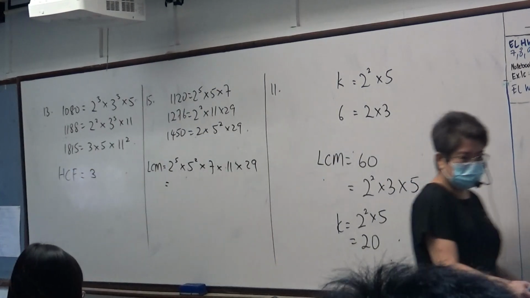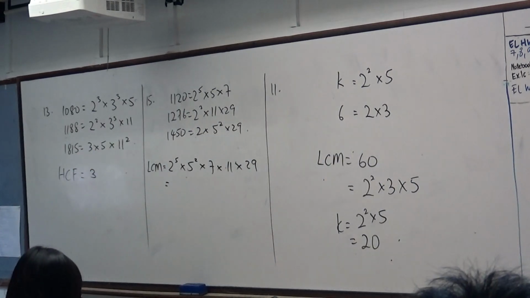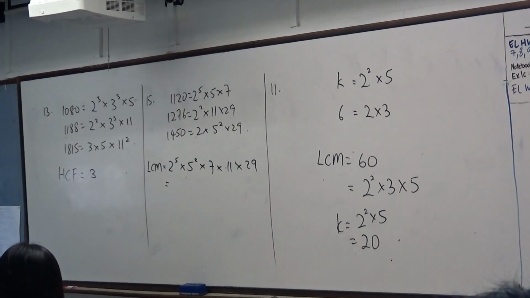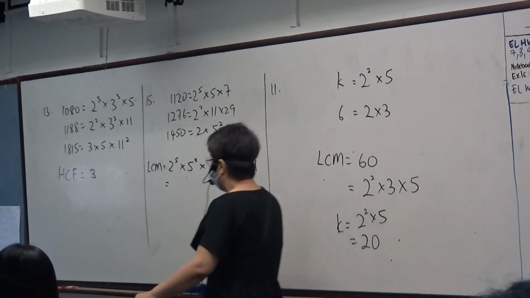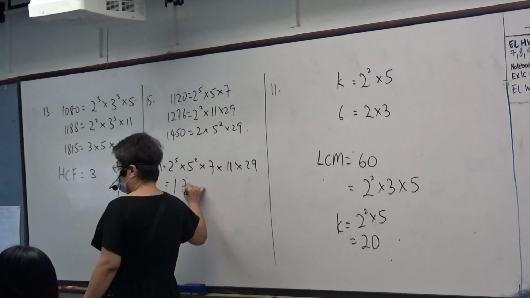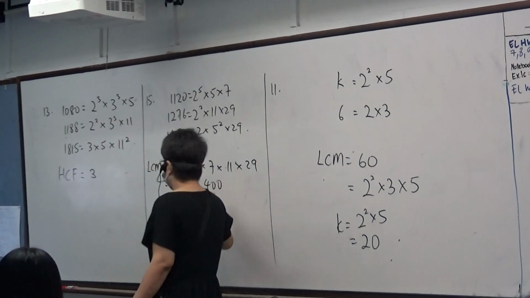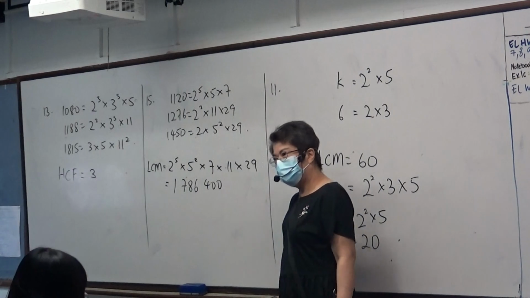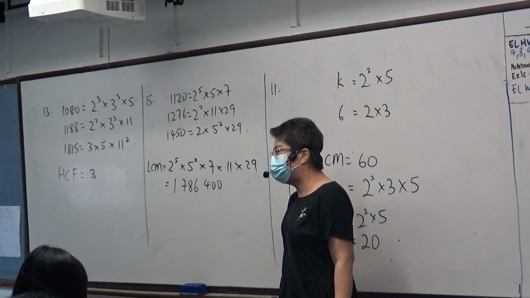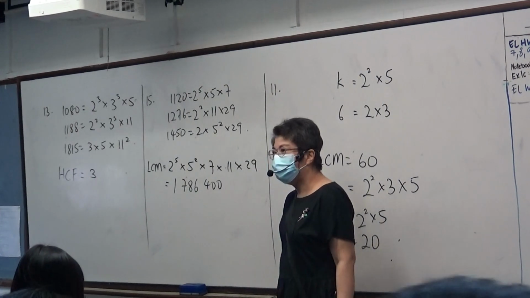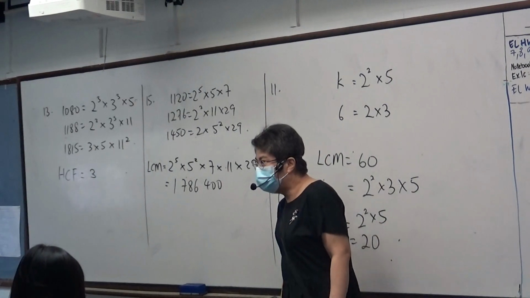What is the LCM? 1786400. How do we read this? 1,786,400.